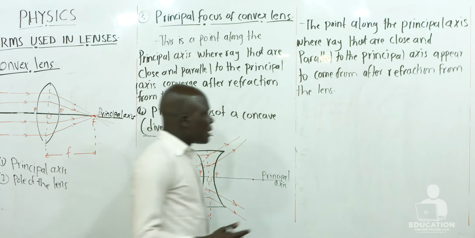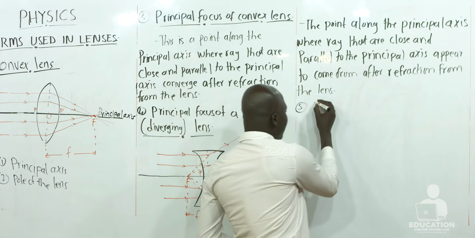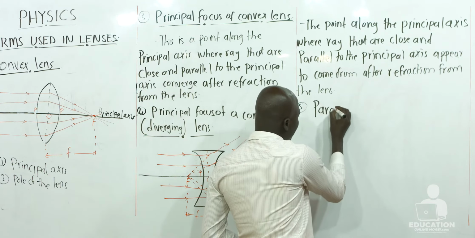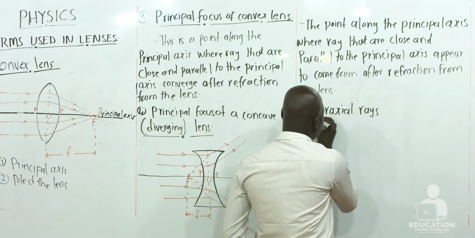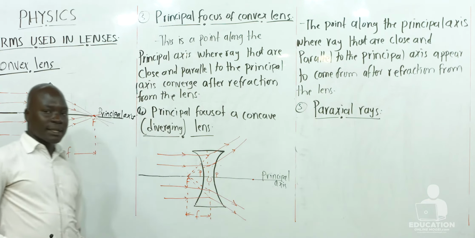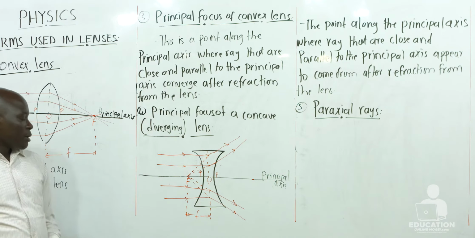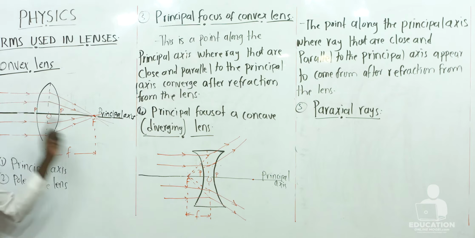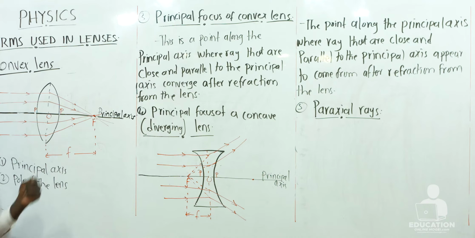So the next term, term number 5, is the paraxial rays. Dear learners, what do we understand by the word paraxial rays? Looking at these rays on both the convex lens and concave lens, all the rays that fall on the lens are parallel and close to the principal axis.